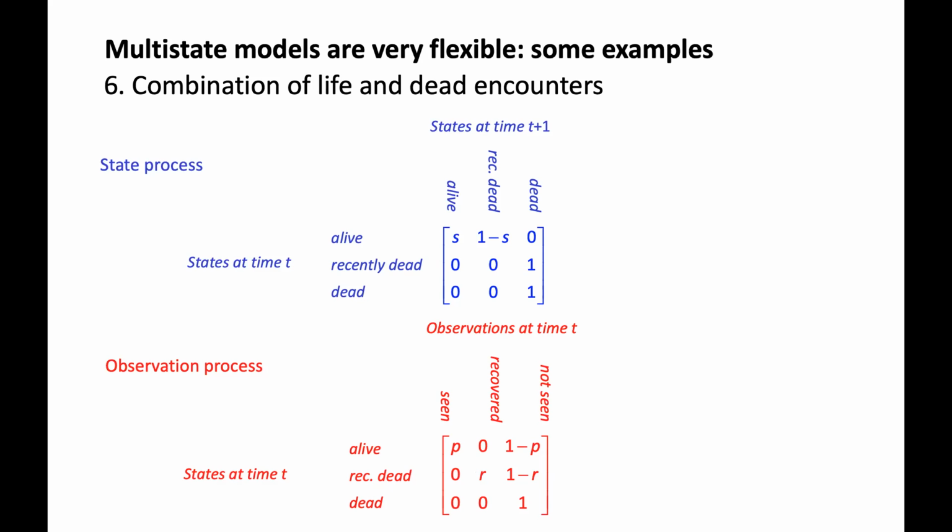Sorry, it's another observation process that involves other processes than when you capture live individuals, and this is the parameter little r, the recovery probability. So this is where the two observation processes occur: the p for the detection of alive individuals, and little r for the probability of recovering dead individuals.